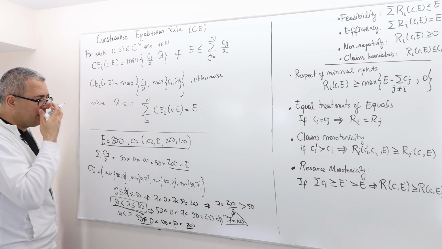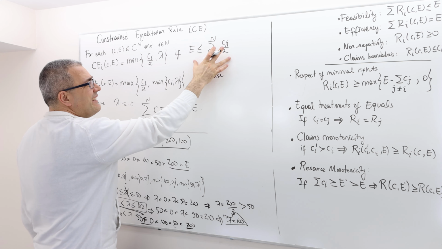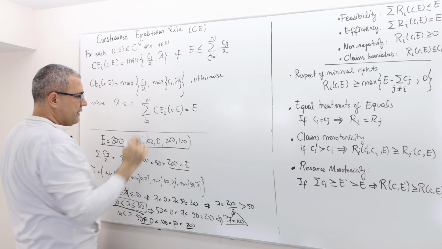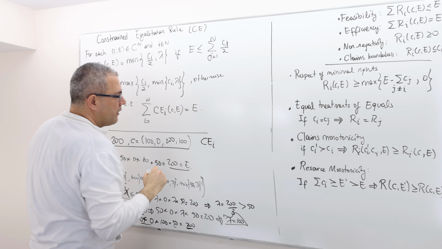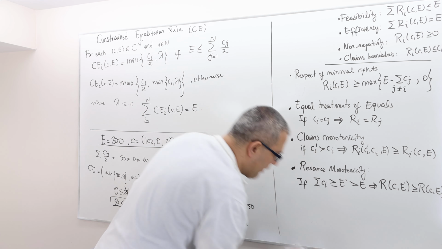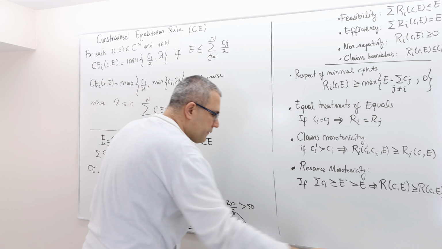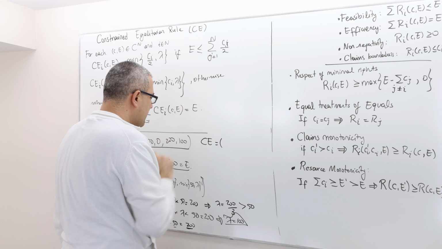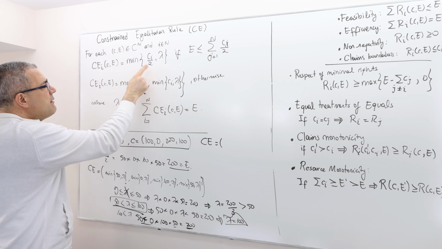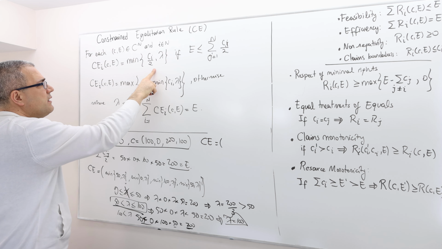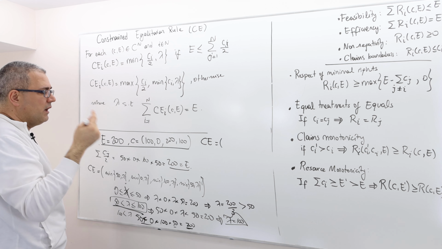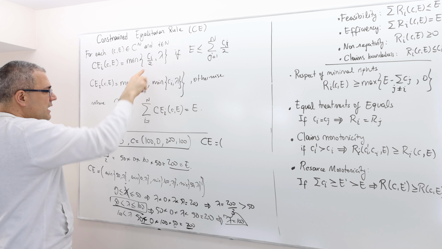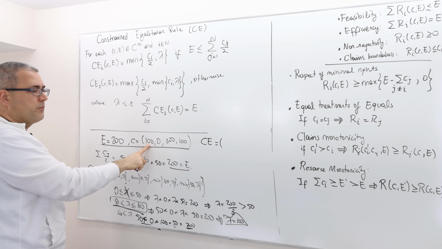What does that mean? Remember, we had this case, the E was equal to this case. So the reward vector for this problem is going to be the minimum of Ci divided by 2 comma lambda. Lambda is 100, so don't forget that. So Ci over 2, 50 for player 1.